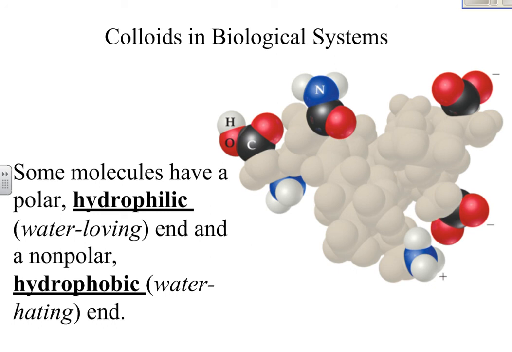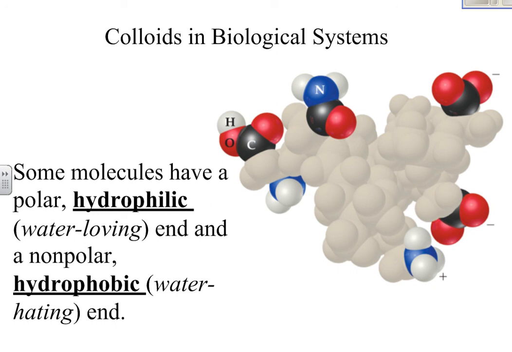But a lot of them have polar aspects to them as well. So we look at something like this where, at the top of this molecule, is an amine group, an NH2, and hydroxyl groups, OHs. So these things are all going to be polar. So this molecule shown here would probably be a hydrophilic type molecule, so it would dissolve in water. It might not form a solution. It would probably more likely be a colloid because of the size of the particle, but it would mix well with water.